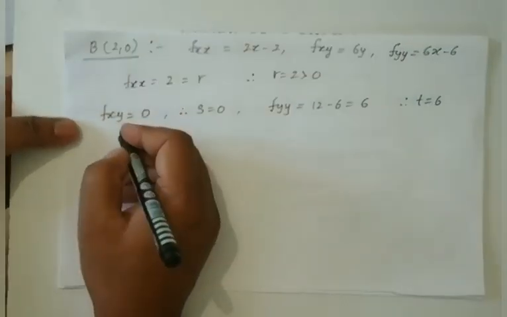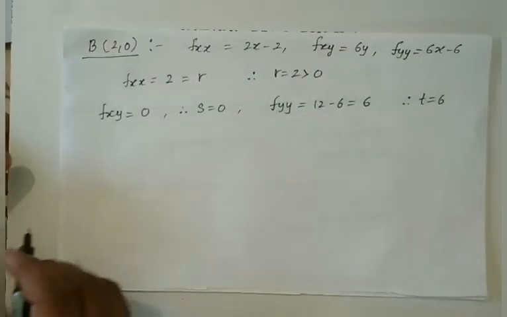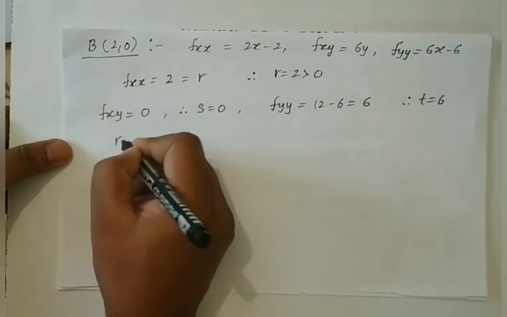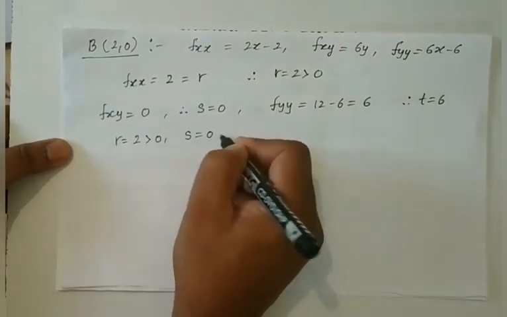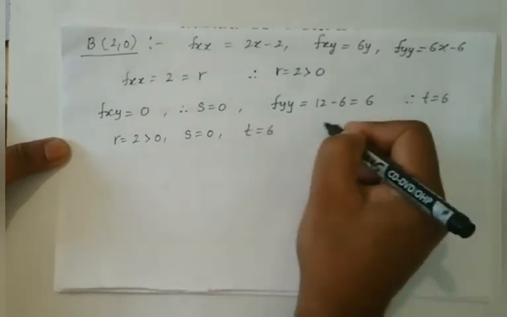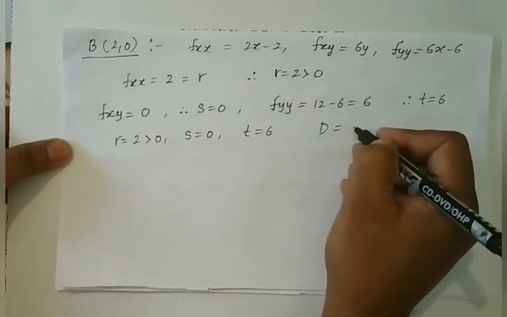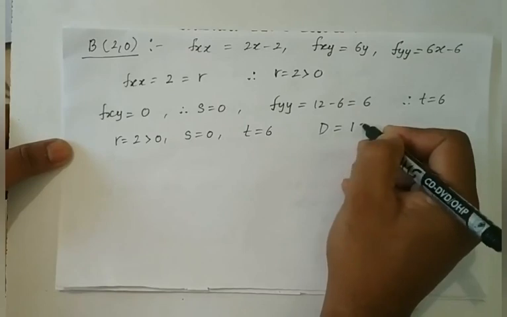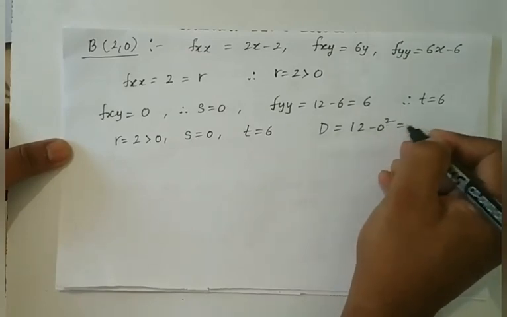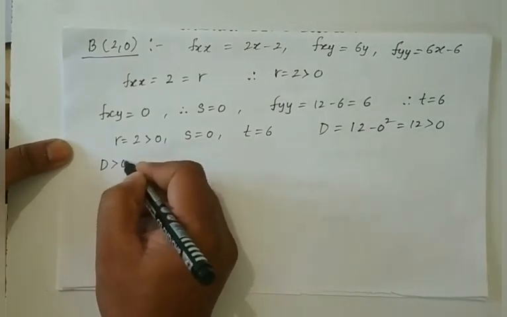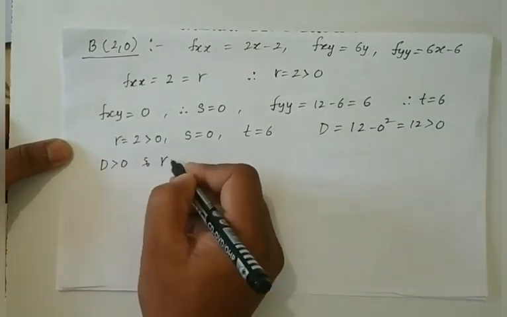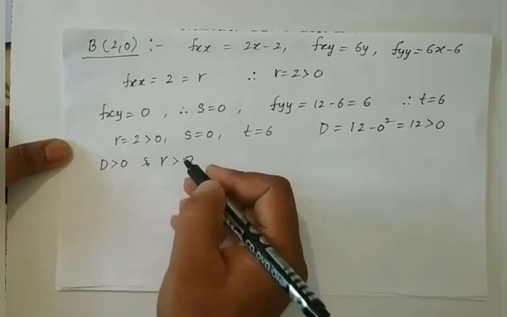That means at the point 2 comma 0, r is equal to 2, which is greater than 0, s is equal to 0, t is equal to 6. What is D? rt minus s square is 12 minus 0 square, which is 12, greater than 0. At the point, D is greater than 0 and r is also greater than 0.